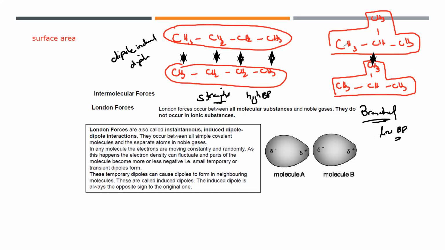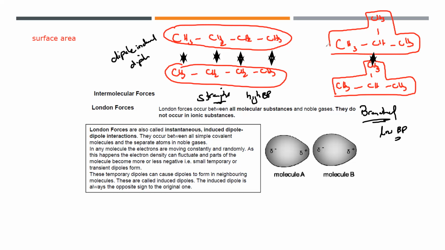As the number of branches increases, the boiling point will decrease, because the surface area is also decreasing. Straight chain molecules have a large surface area, and when they have a large surface area, more parts are in contact with each other, so the boiling point will increase.